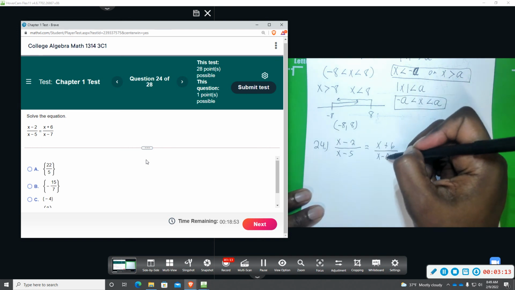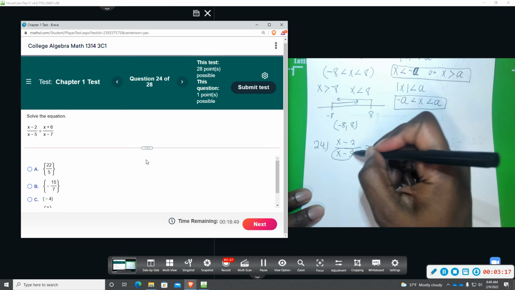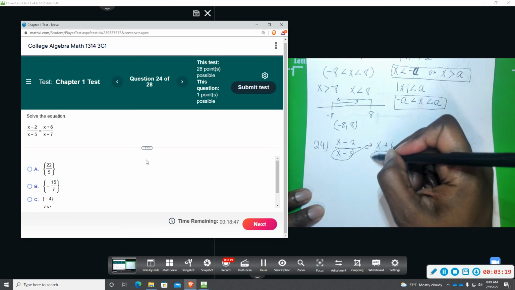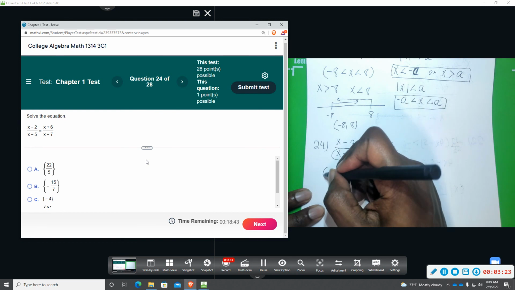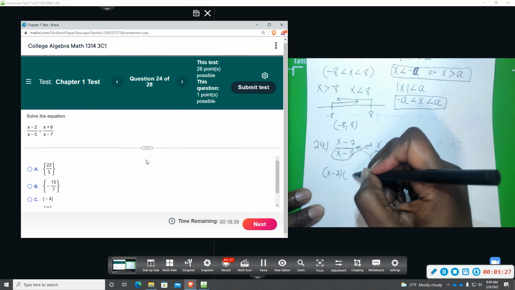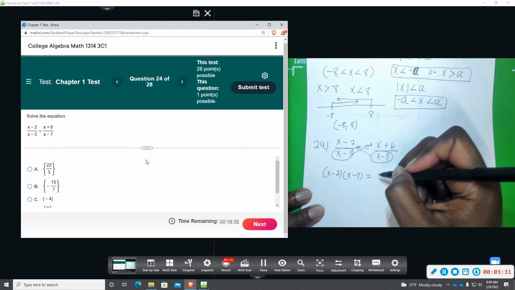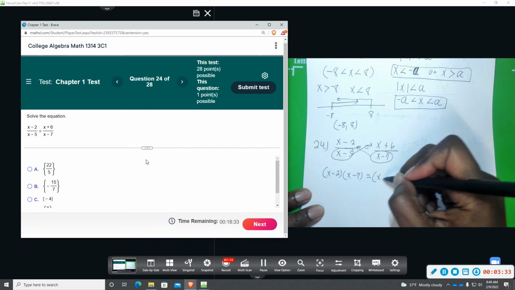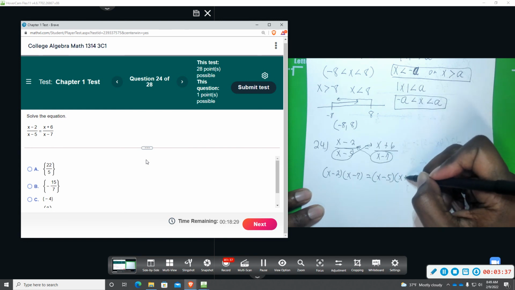Okay, so we're going to cross multiply when we have two fractions. We're going to bring this one and multiply it over here. We're going to bring this one and multiply it over here. So I'm going to have x minus 2 times x minus 7 equals x minus 5 times x plus 6.